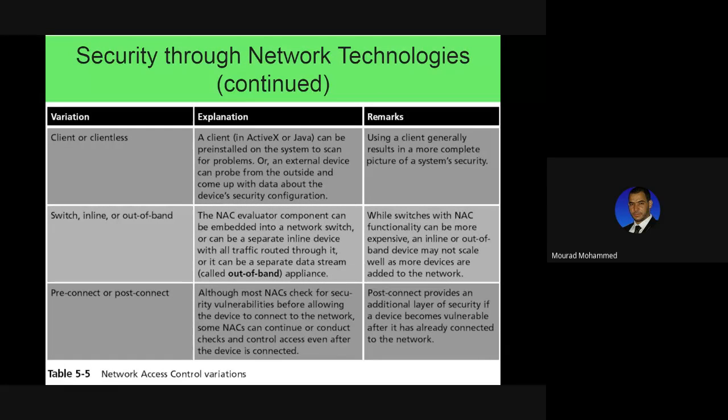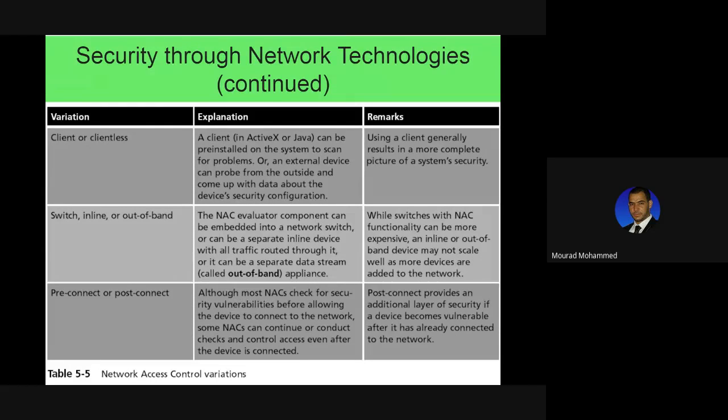Pre-connect or post-connect, those are variations which we see the NAC requires. A device is to be filtered to pass or not to pass its requests, and the decision is to be taken before passing any request.